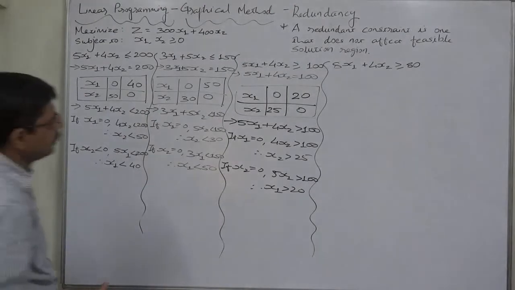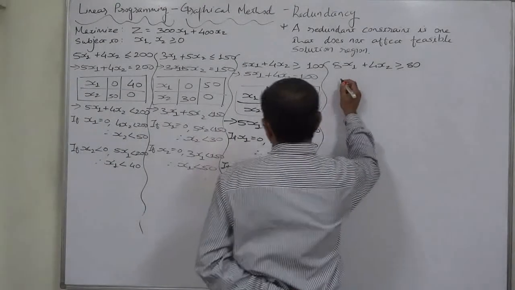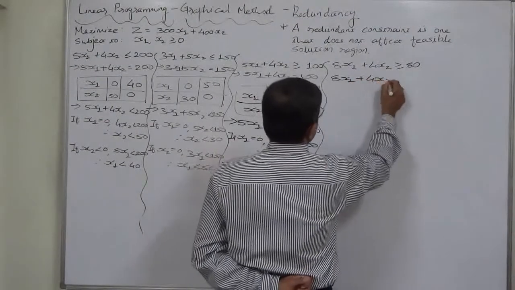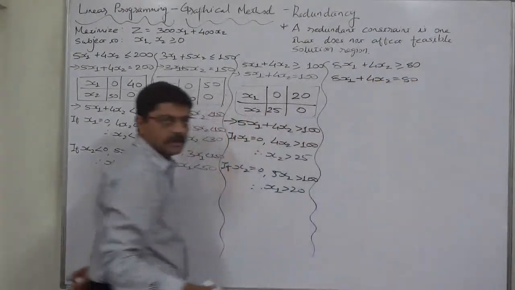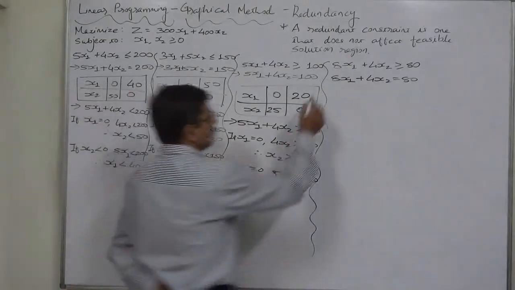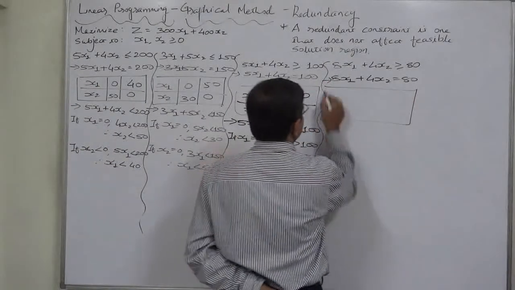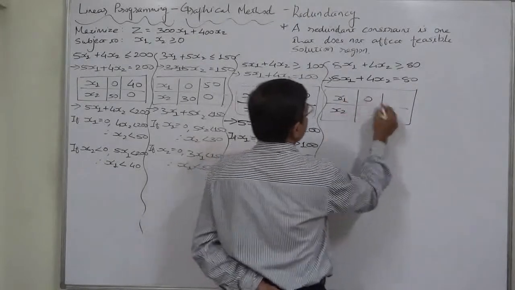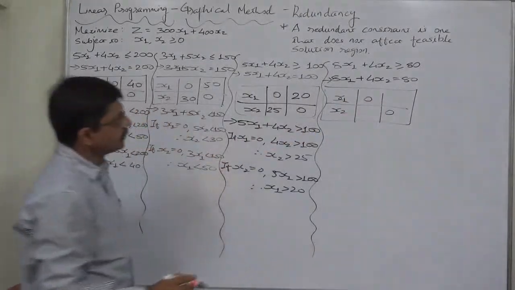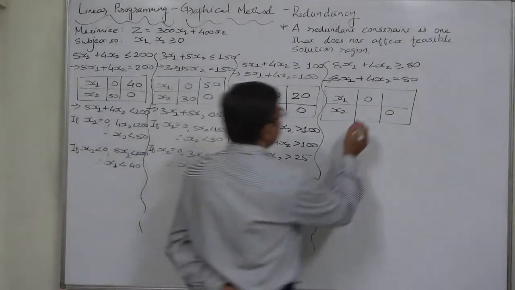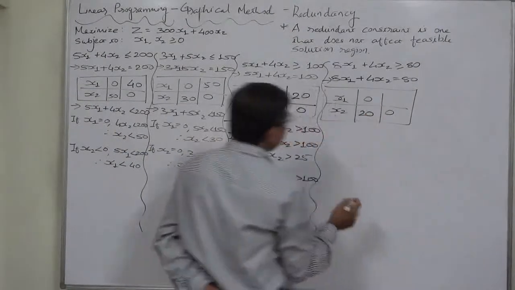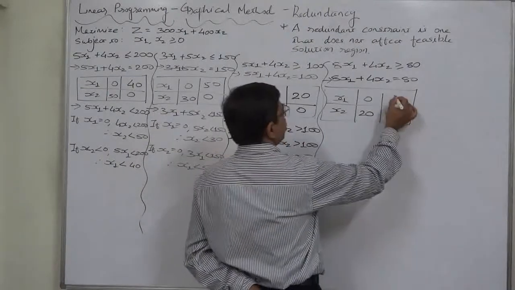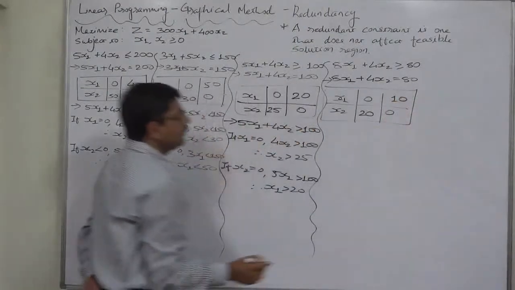Okay, the last one. 8x1 plus 4x2 equals 80 will be the equation, and the 2 points to draw the straight line of that equation will be: if x1 takes value 0, then 4x2 equals 80, and x2 equals 20 will be there. And if x2 takes value 0, then 8x1 equals 80, so x1 will be 10.